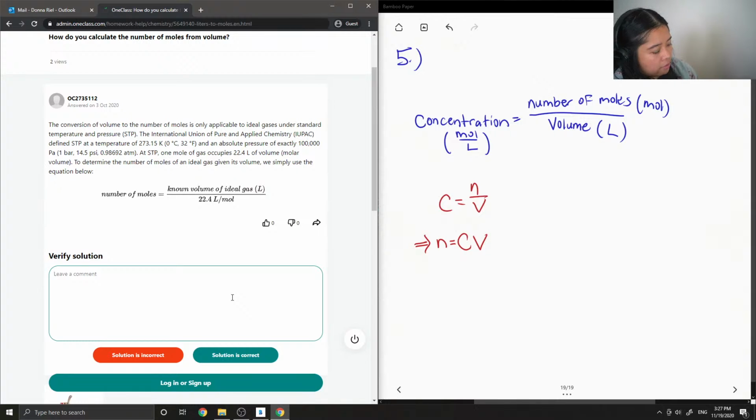I feel like this question meant for it to be in terms of a solution. So I'm going to say that this solution is correct, but I'm also going to add how to calculate number of moles from volume of a solution.